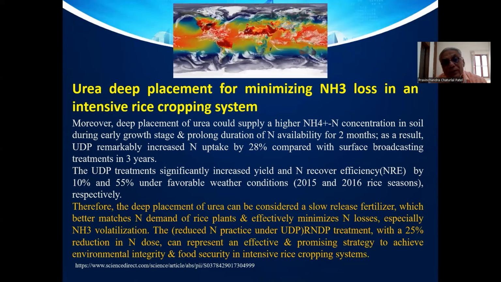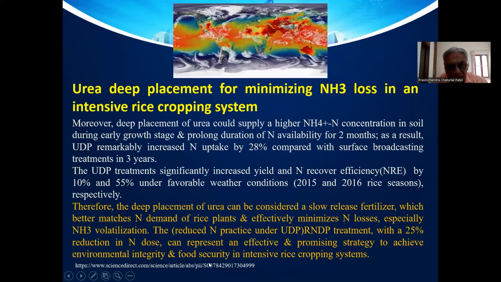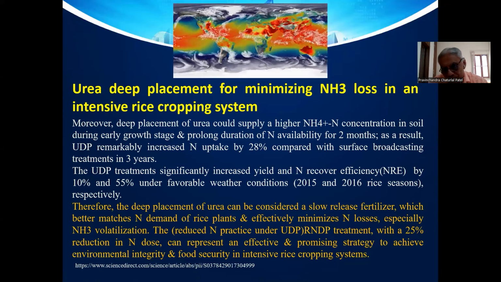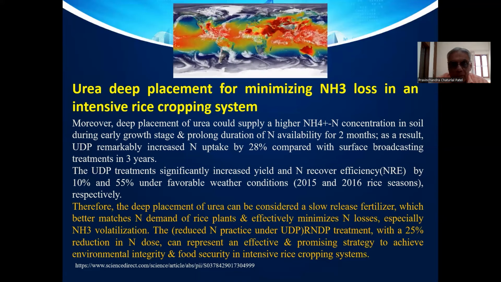So efficiency can be increased, particularly of nitrogen. You can also reduce the phosphatic fertilizer dose, because when you apply in that way, then there is less chance of the fixation of the phosphorus also.